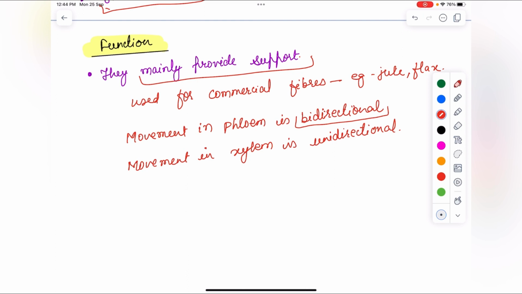The movement of food in phloem is in the upward and downward direction. Movement in xylem is unidirectional, meaning in one direction, upward.